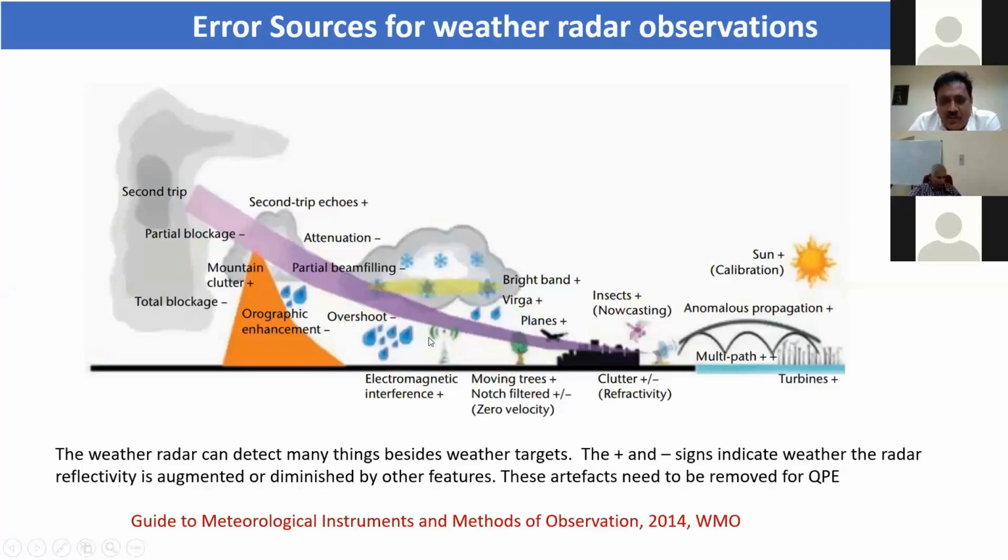Sometimes, apart from the weather echoes, you can get echoes from birds, and sometimes from insects. Sometimes you get anomalous propagation. Sometimes you overshoot the clouds. So several other problems are also there. We should know all these problems when you interpret the weather radar.